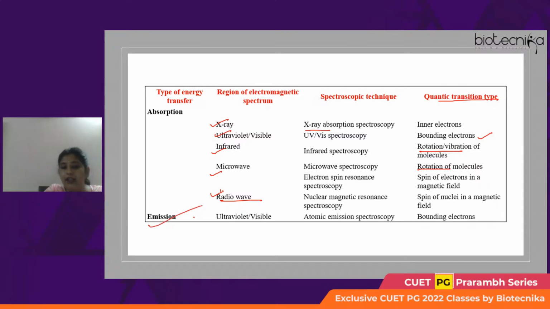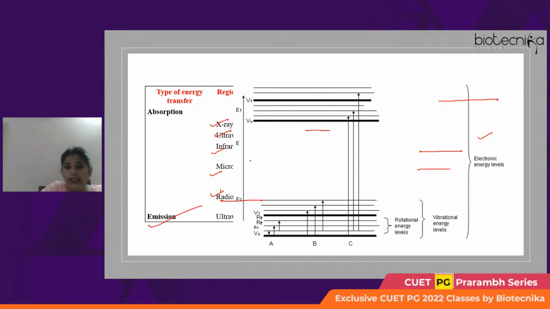Similarly, emission. So here you will be studying emission spectra. Here I would like to show you this, called the Jablonski diagram. In molecular biology, we use this diagram to depict different energy levels. Here you can see every electronic energy level has its own vibrational and rotational energy levels, right?